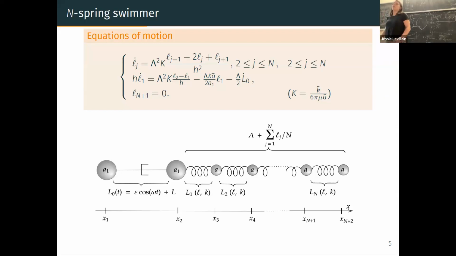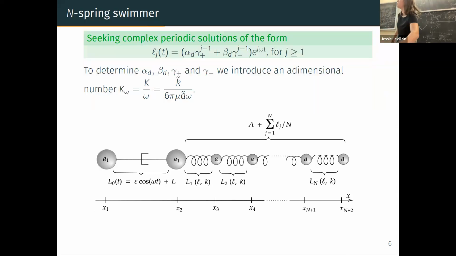With all of this, we now want to find some oscillating solutions of this problem, so yet another approximation in the first place. We are trying to find complex periodic solutions of the form in green. Using the previous equations, we can determine all the coefficients and find some expressions that were really ugly.